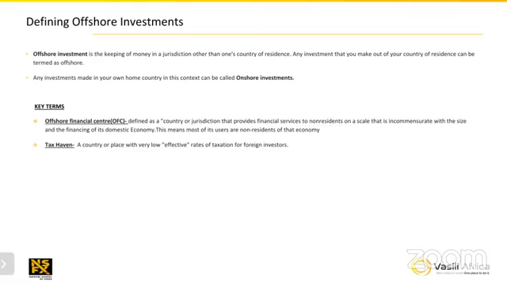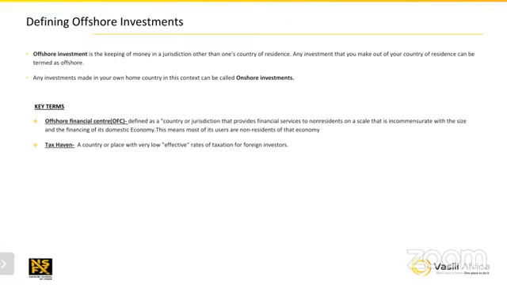So this can be as simple as buying land or opening a shop, let's say in Tanzania, to very complex transactions, investing in money markets, in bonds, and investing in different companies that are not based within your home country. There are certain key terms that you're going to meet very often as you do your own research, one of them being an offshore financial center.